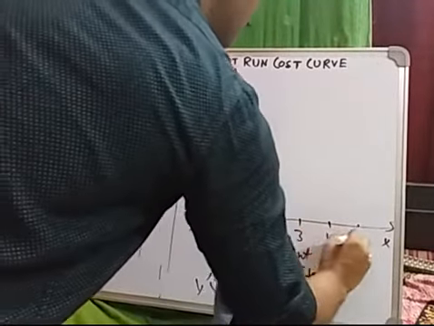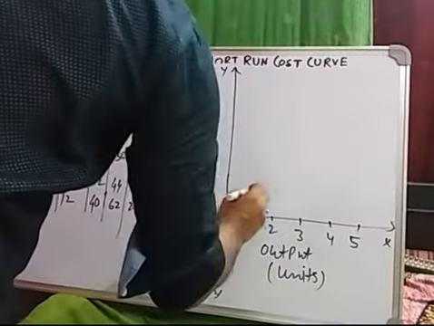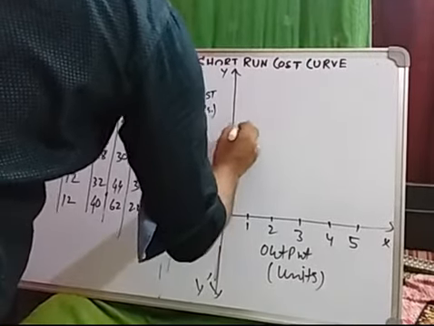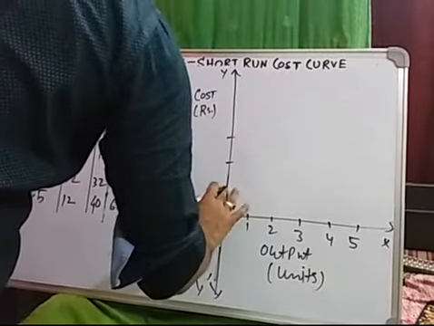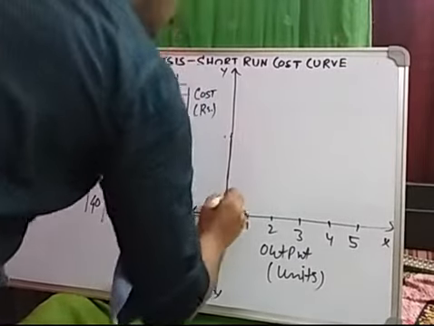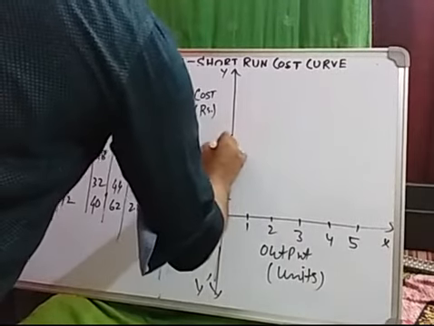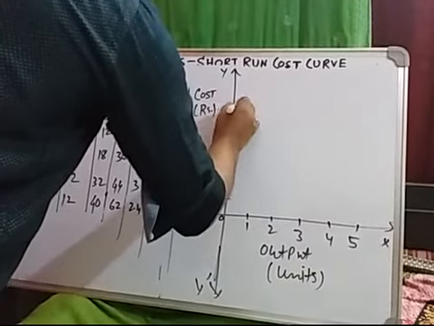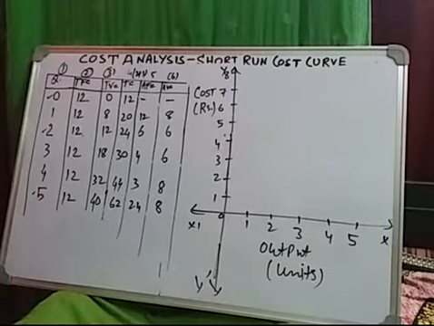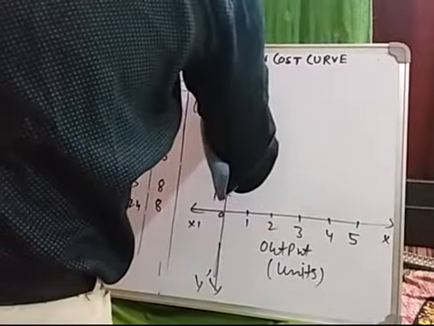The output is 5 and the cost is 8. So suppose this is 1, 2, 3, 4, 5, 6, 7, 8. Now if I put the data 1, 8. So 1, 8.